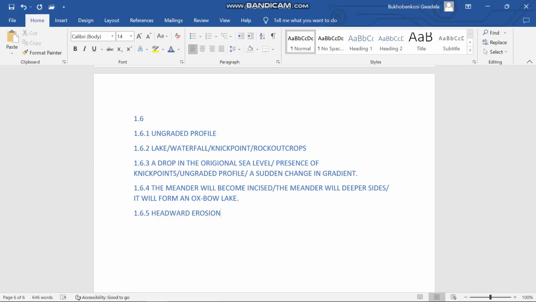You can also say backward erosion, because headward erosion is the same as backward erosion of nick points, which will increase the steepness of the slope.